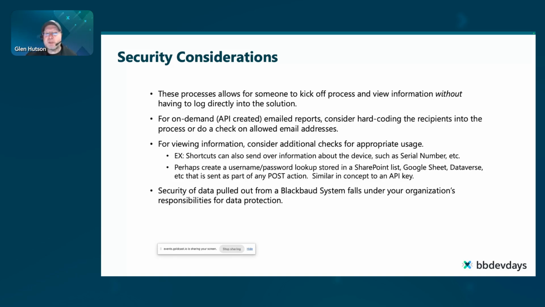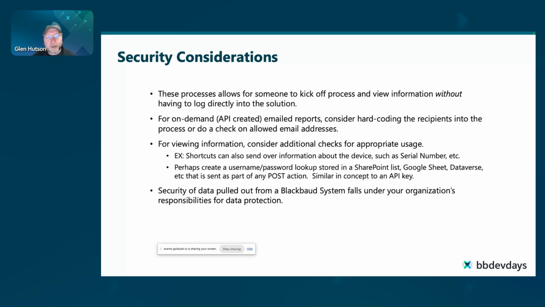If you're displaying information on the screen, there are definitely some things you may want to consider. The nice thing is that you can send over, as part of that submission back up to the workflow, things such as the device details, the device they're on, the serial number, different key pieces of information. Maybe use that as a type of double check.